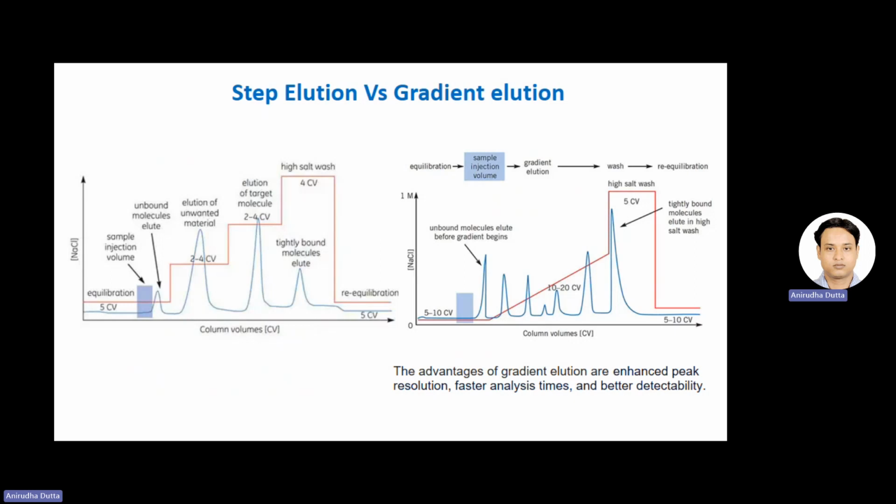This is the regeneration process we follow each and every round of purification. At the beginning, we do this regeneration. Then the next step would be the equilibration of the column using the binding buffer. That's how we keep running the same column one after another, for multiple rounds of purification.